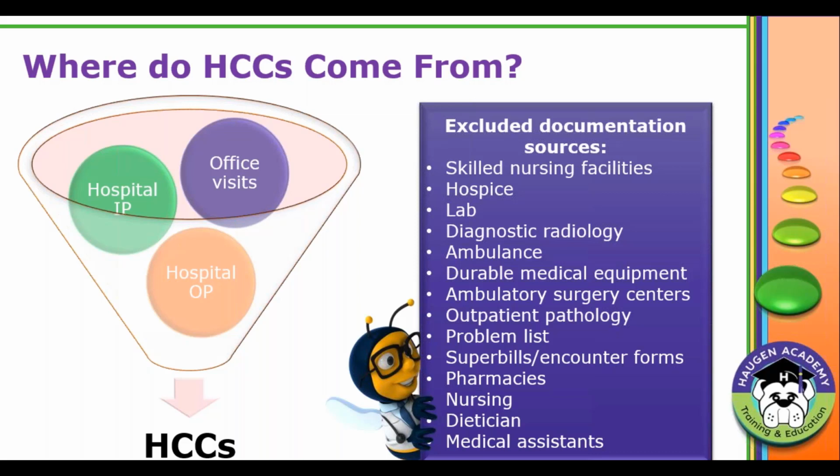The documentation sources that are excluded from this, though, include documentation from skilled nursing facilities and hospice, because those are not hospital, inpatient, outpatient, or an office visit. And some of your basic tests, things that we typically don't code from.